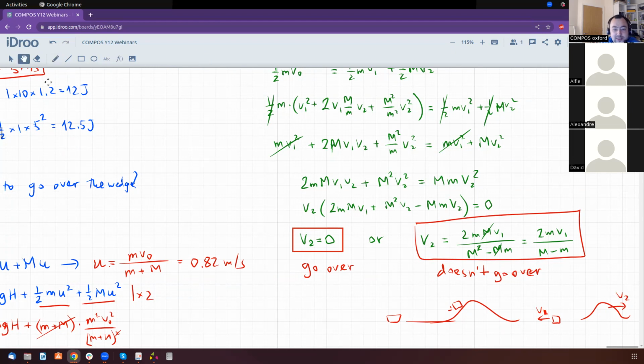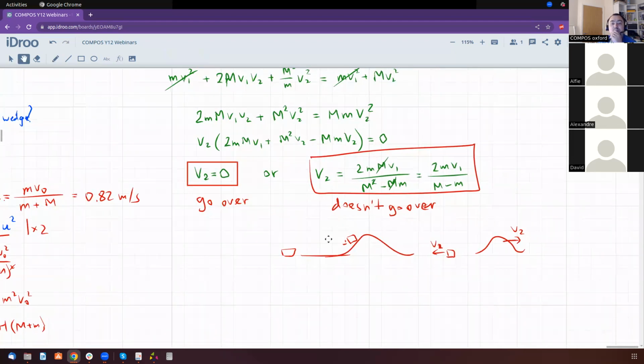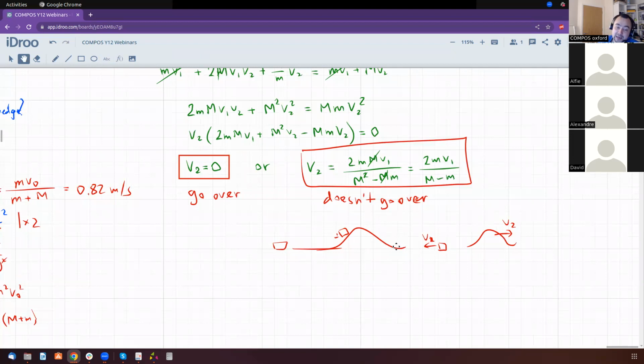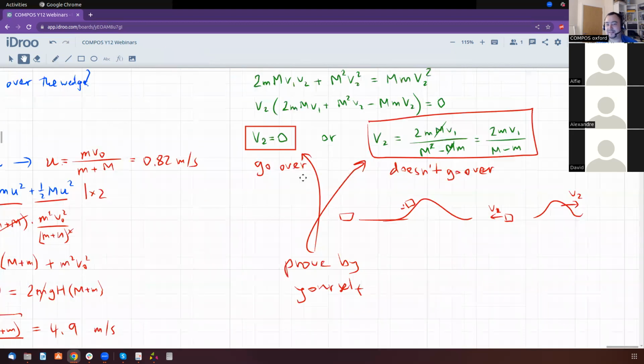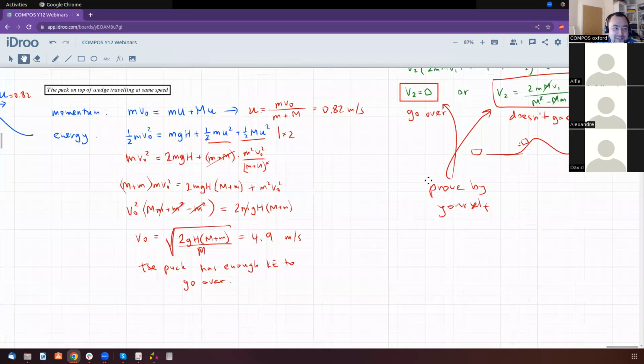These are the two scenarios. I'll leave this for you to prove yourself. It's quite an exciting thing to do.